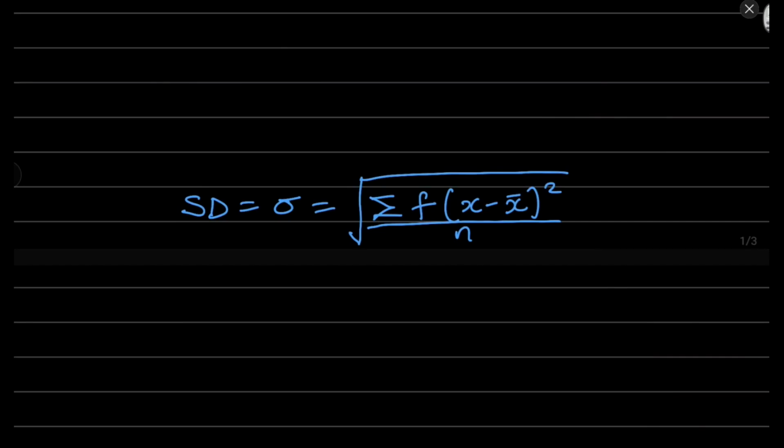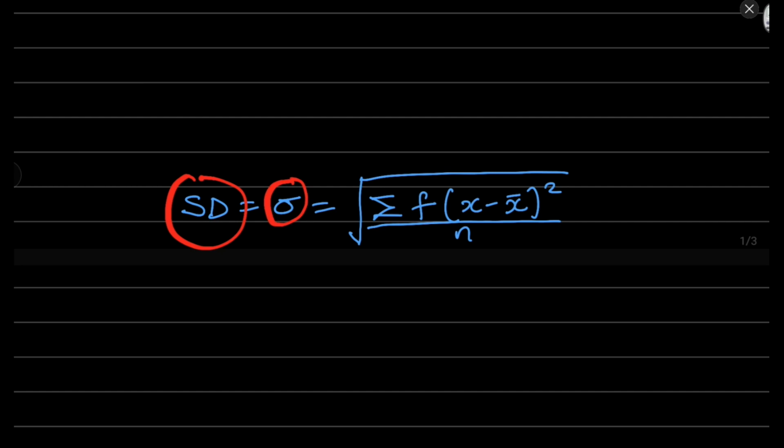Welcome back to the lecture series on standard deviation. Right here we have how to compute the standard deviation of an ungrouped frequency distribution. The formula remains the same. Standard deviation is denoted by sigma.